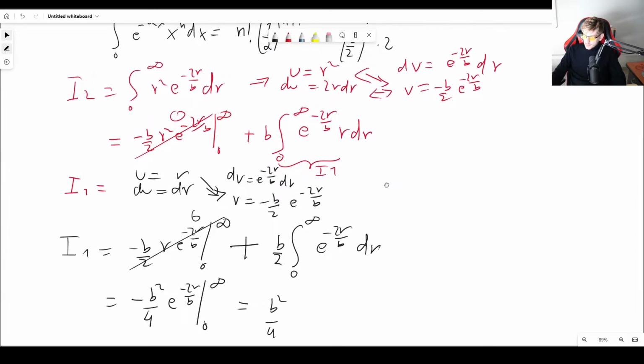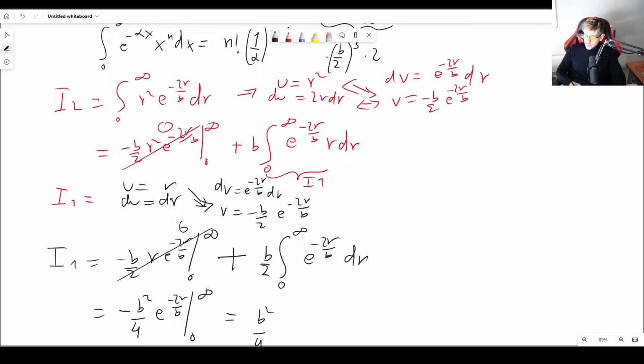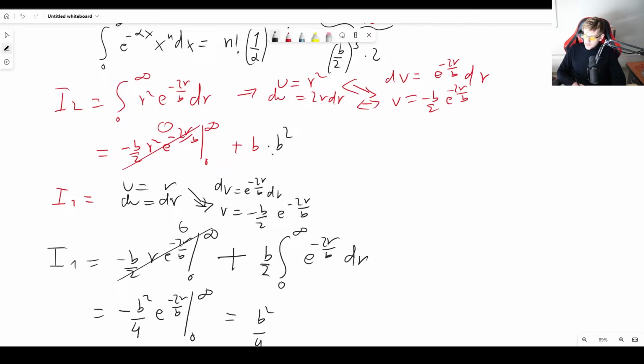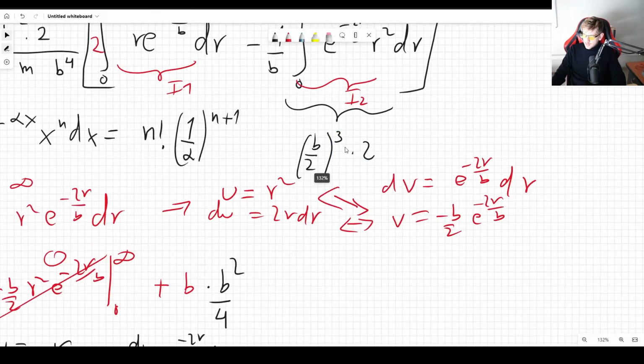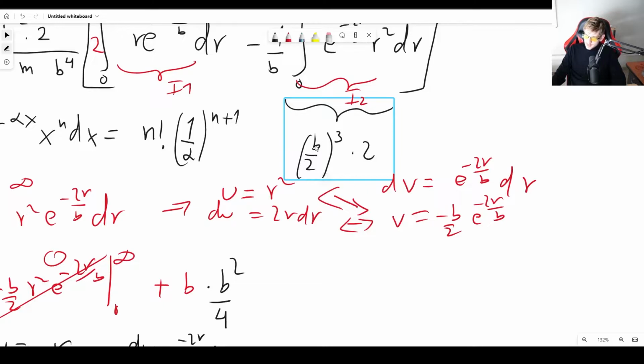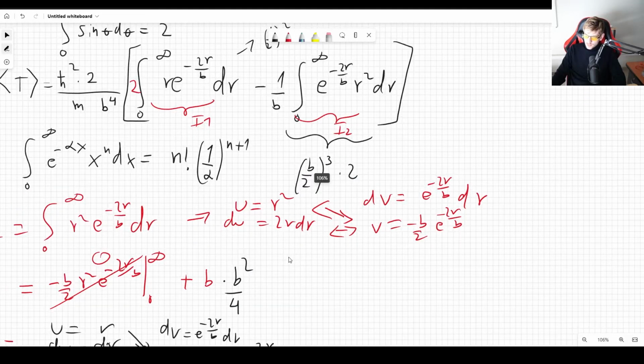So let's see. Right here, this was I1, so this right here is b squared over 4. And as you can see, that's exactly this, right? This is b cubed divided by 8 times 2, so b cubed over 4.